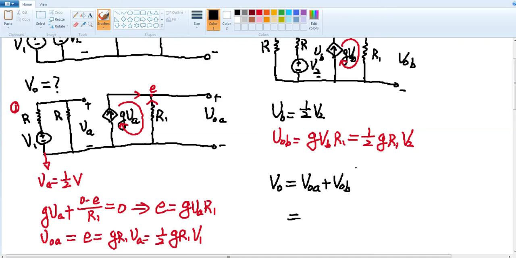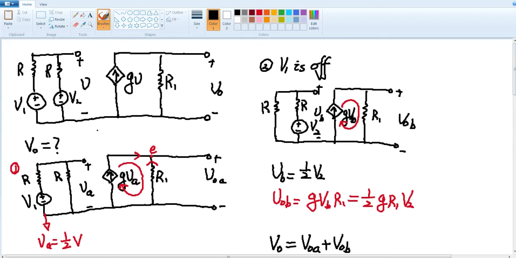We can rearrange it. It can be expressed as 1/2 GR1 times (V1 plus V2). So this is the output voltage when there are two independent voltage sources inside the circuit, as well as one dependent source.